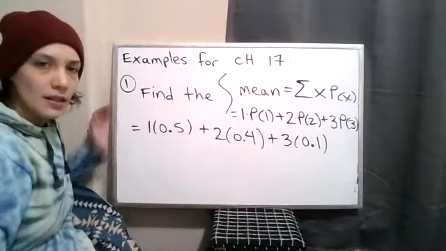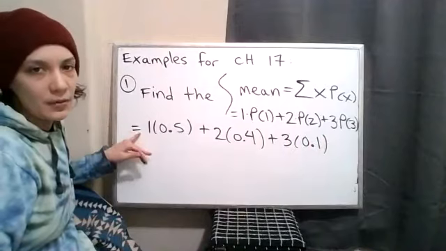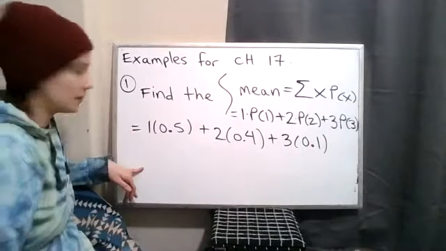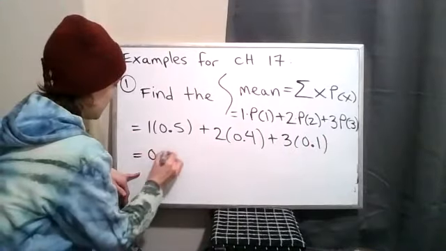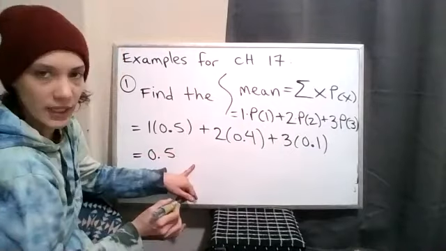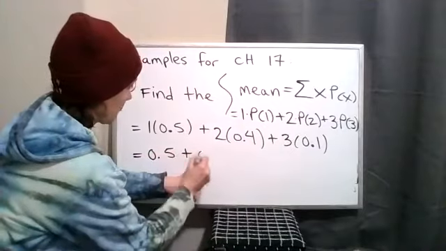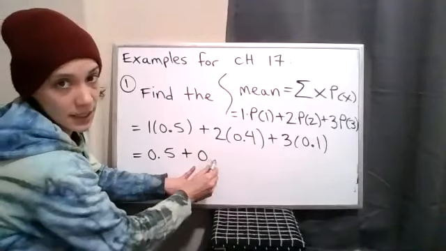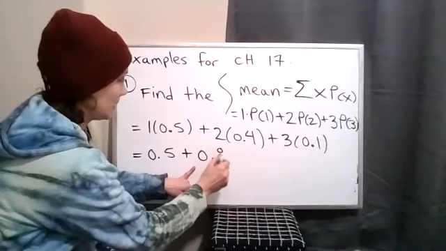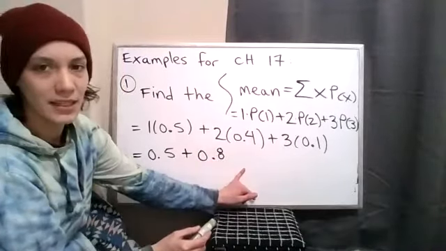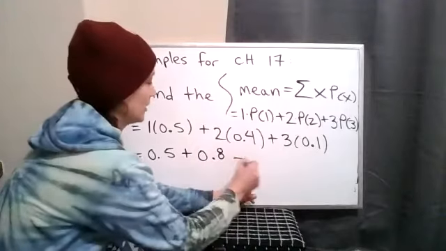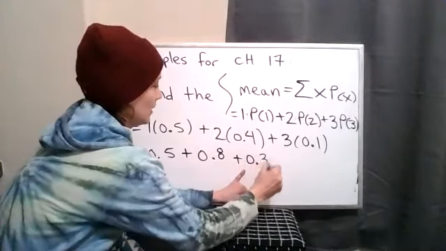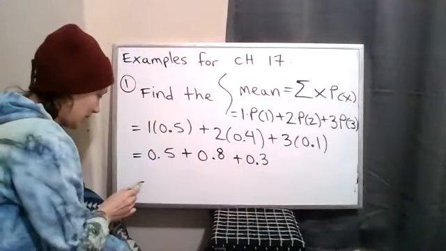Awesome. And we're going to simplify. The first one is 0.5. Next term is 0.8. And please catch mistakes if you see them, let me know. Add 0.3. And we'll put this all together.